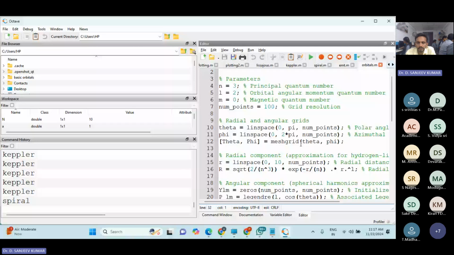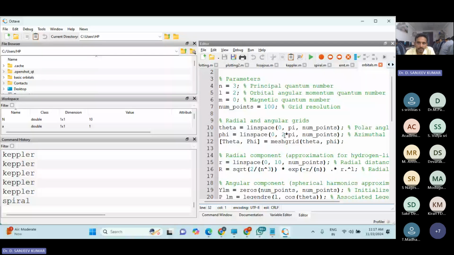So here the theta deals with z direction variations. So that varies from 0 to pi, 0 to 180 degrees. And phi deals with the variations in xy plane. So it varies from 0 to 2 pi.